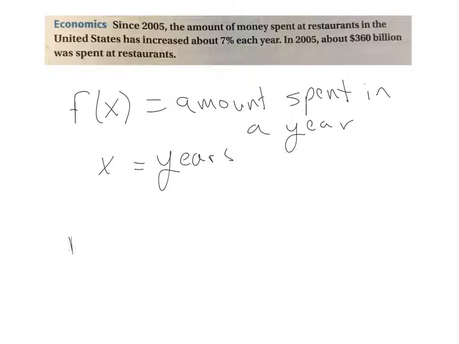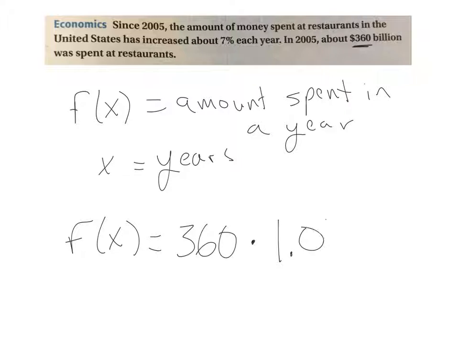So with that in mind, f of x is going to be equal to the 360 we started with, times, because we're increasing by a factor of 7%, 1.07 to the power of x, x being the number of years that pass.